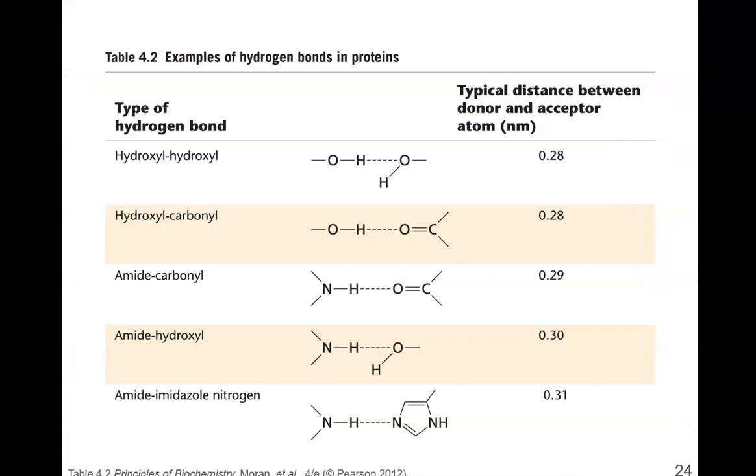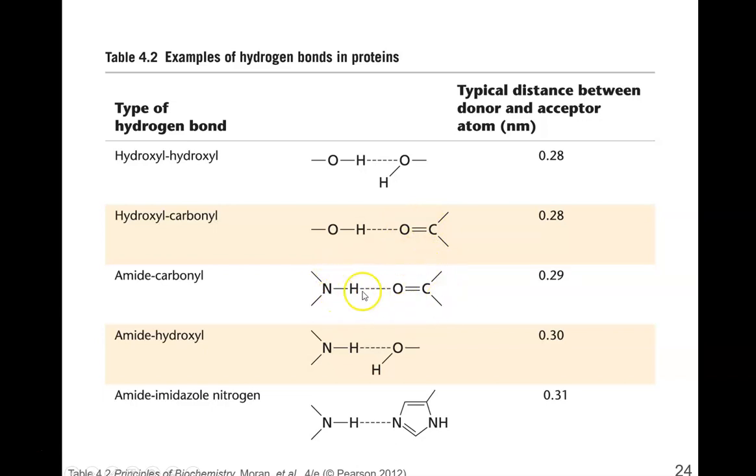This table illustrates that in a little bit more detail. For example, if I had two amino acid side chains with hydroxyl groups, here's my hydrogen bond donor and my hydrogen bond acceptor. Maybe a hydroxyl group right here, and this could be a carbonyl in a peptide bond. Again, hydrogen bond donor, hydrogen bond acceptor. Maybe an amide and a carbonyl.